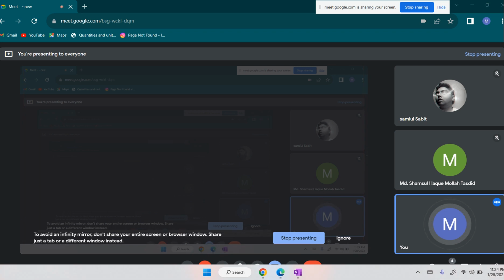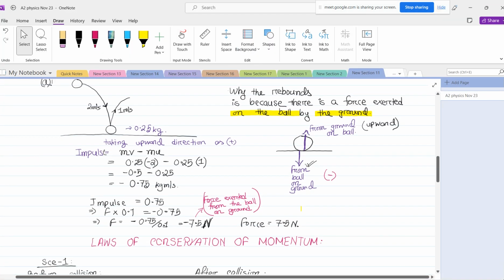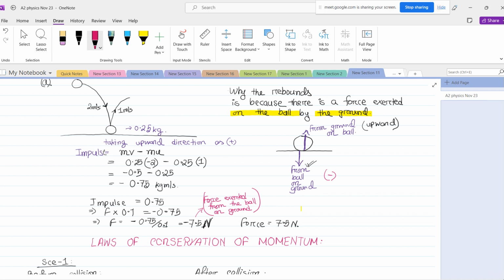So for part B, we have to explain our answer and also write the numerical value of the force exerted on the ground by the ball, that is the downward force.